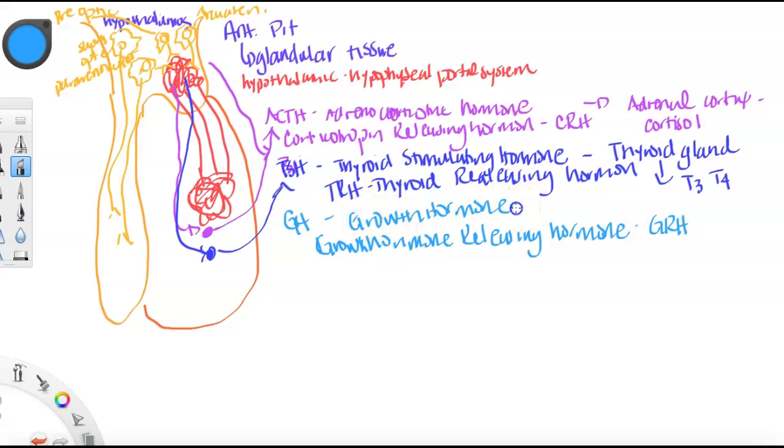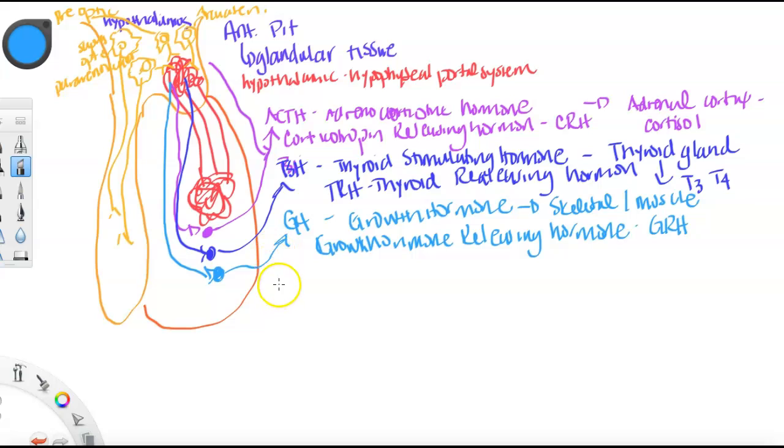So it secretes growth hormone. Growth hormone's target is most body cells, but more specifically skeletal cells, or the skeleton, and muscle cells for growth. Okay. That growth hormone releasing hormone comes from the hypothalamus, and it stimulates a somatotrope, which secretes the growth hormone.